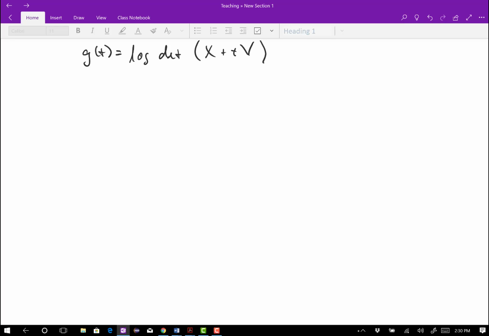And so if we think about what we have here, we believe at this point log det to be a concave function. So we want to show that this is concave. This is a function of t.